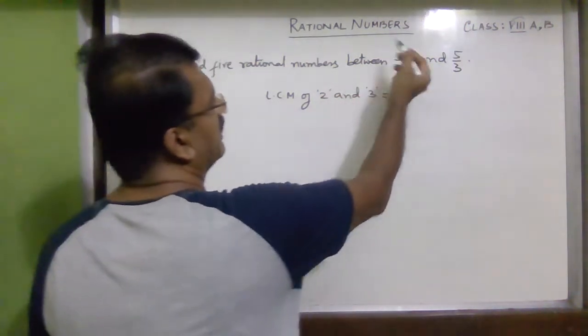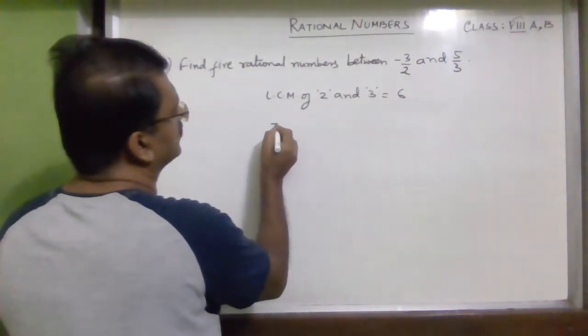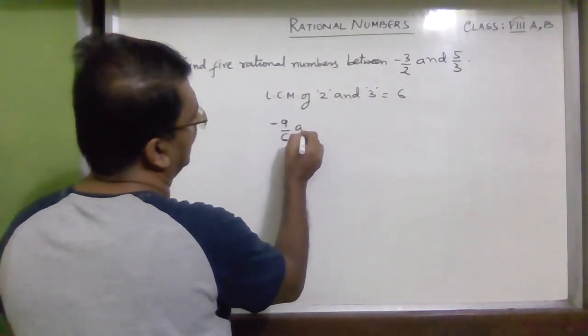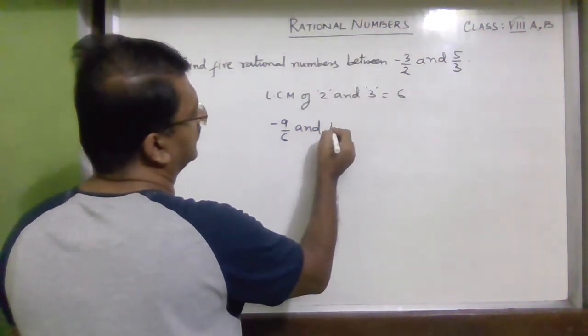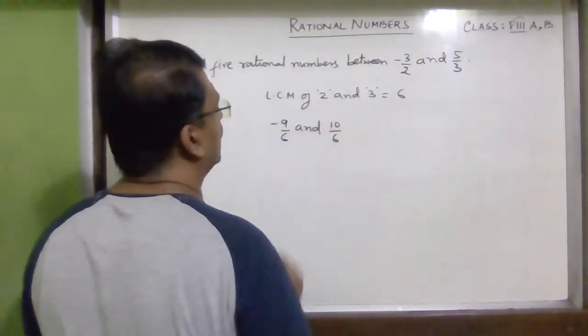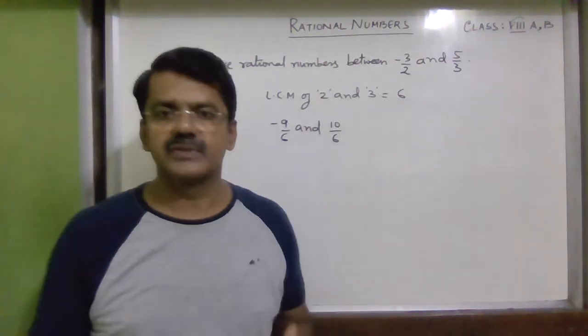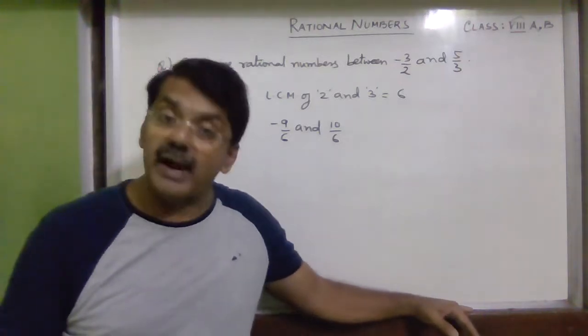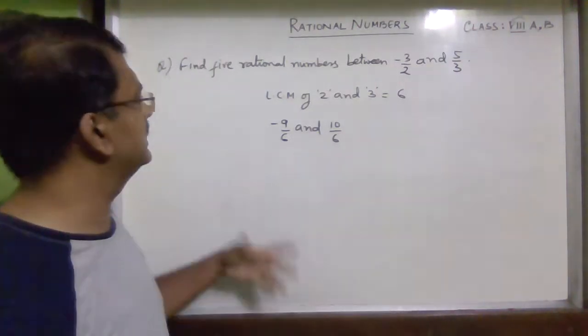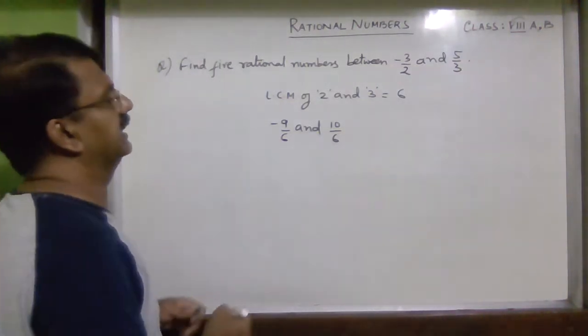So first of all you multiply both numerator and denominator by 3. So -9 by 6, and there you multiplied by 2, so 10 by 6. Now the denominators are same, 6 and 6, and between -9 and 10 you can easily get 5 integers.